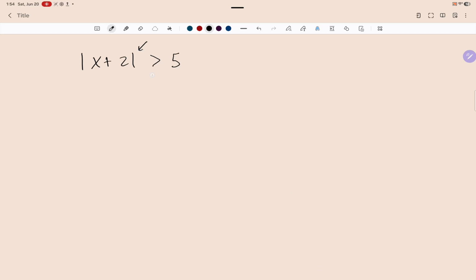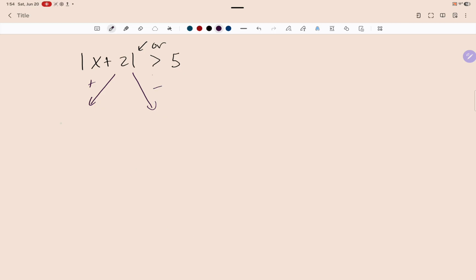Since it's facing us, it's an or statement. Okay, cool. So it's an or. That's the first thing you have to decide, whether it's an or or an and, for these types of problems. It's very important.